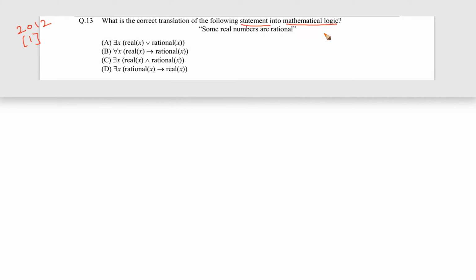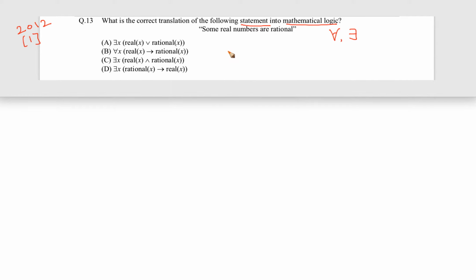So we know the for all and there exists quantifiers. So how can we reduce this into some mathematical logic statement? If somebody is saying that some real numbers are rational, then how are you going to express that in such notations?